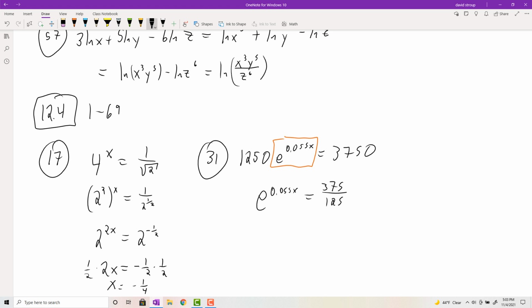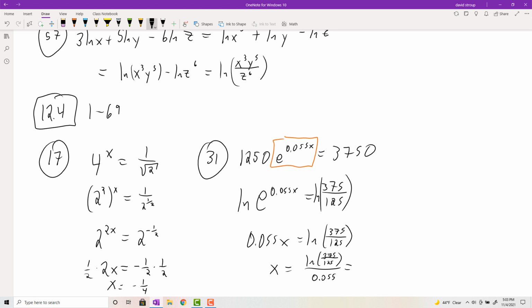Then I'm going to take the log on both sides. And on the left here, the ln and the e kind of cancel each other out, and you just get 0.055x equals ln, and that all is inside the ln, 375 over 125, it's all inside the ln. Okay. Finally, divide. X is the ln of 375 over 125 divided by 0.055.